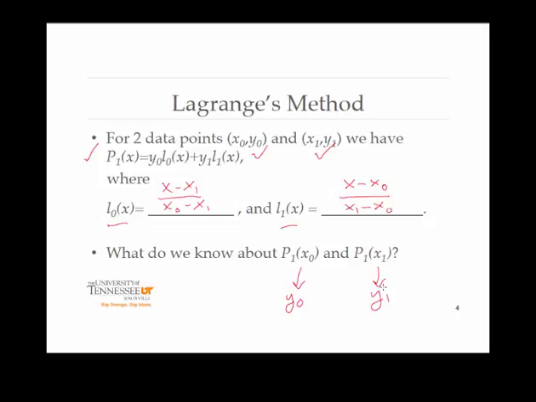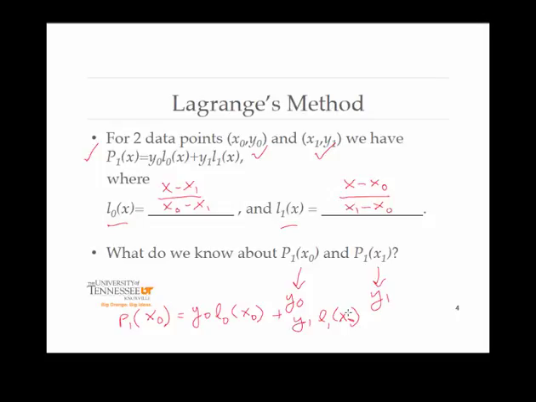Well, let's see if in fact that is true. Given the formula that we have above, if you were to evaluate P1 of x0 and then put it into the Lagrange formula we have up there, we would get y0 times L0 of x0 plus y1 times L1 of x0. Now look at the 2 forms of the cardinal functions you have above.